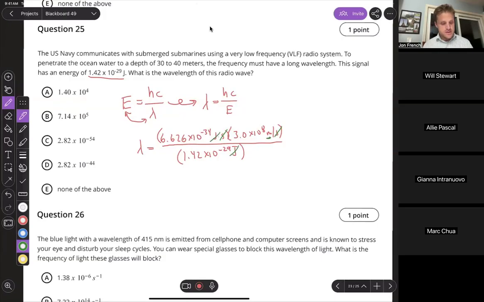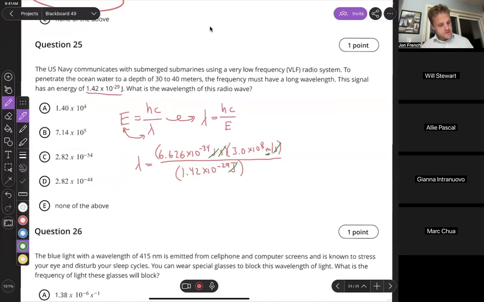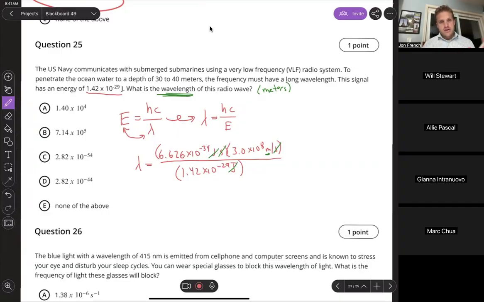We're left with meters. The question doesn't specify, but hopefully it's asking for wavelength in meters. It should definitely say. And on the exam, I made sure to say what units I want in my wavelength.